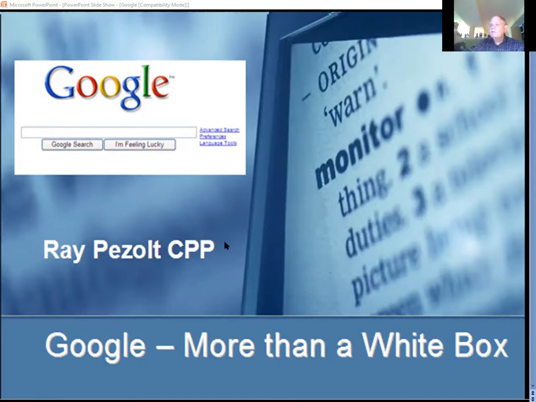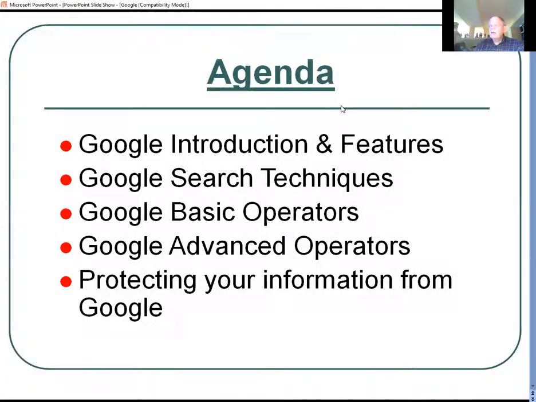I call this Google more than a white box because most people, when they work with Google, see a white box, they put something in there, and that's how the search is done. You get millions of hits sometimes, but we're going to show you how to pare that down to get information a lot quicker and a lot better.